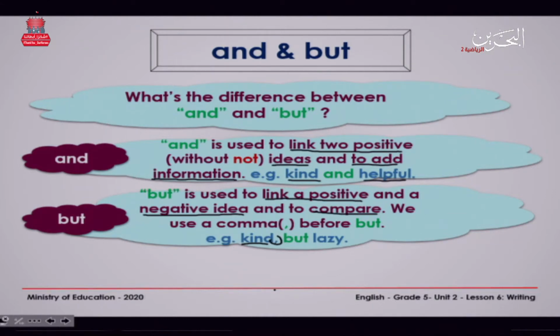Kind is a positive adjective and lazy is not. You have to pay attention. After writing the first adjective, you have to put a comma and then write but and then the negative adjective. So don't forget, you have to write the comma. It comes before the word but.